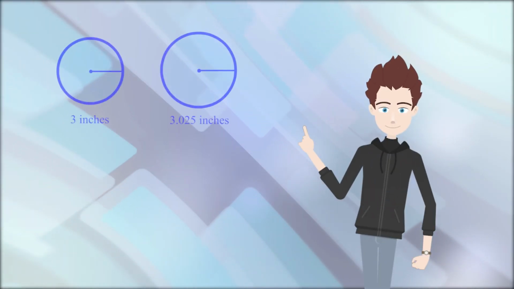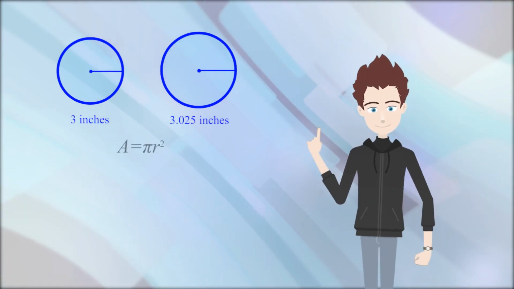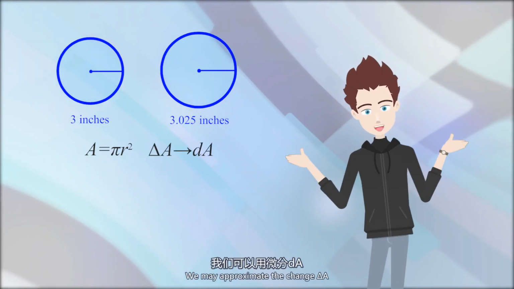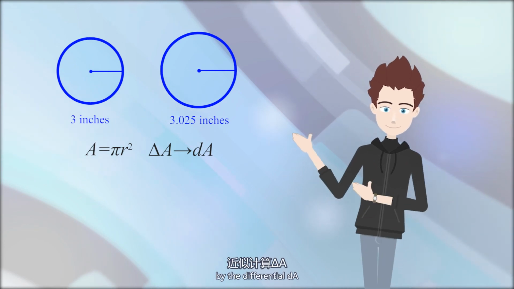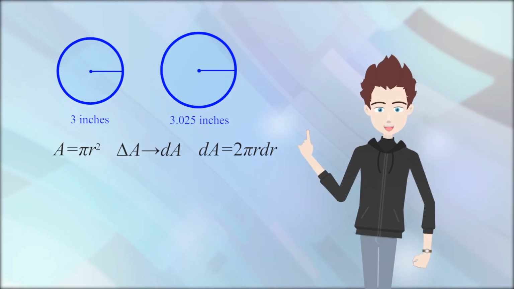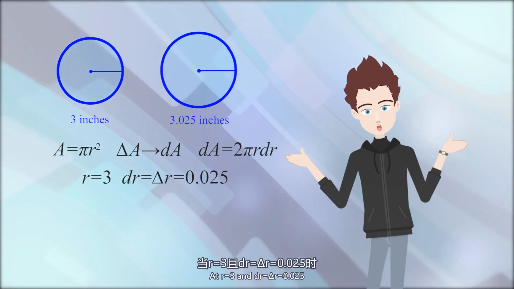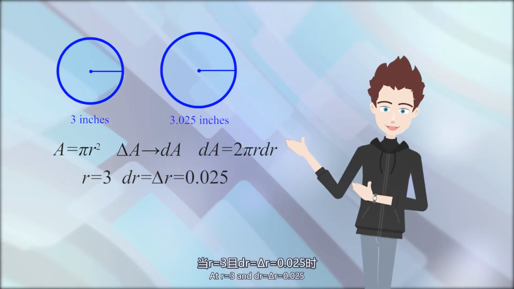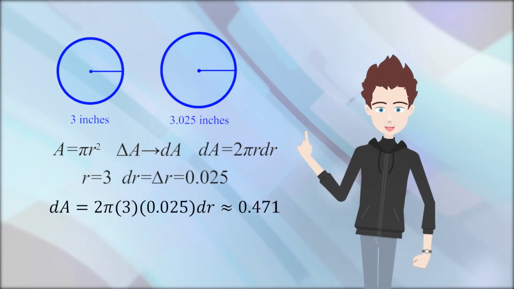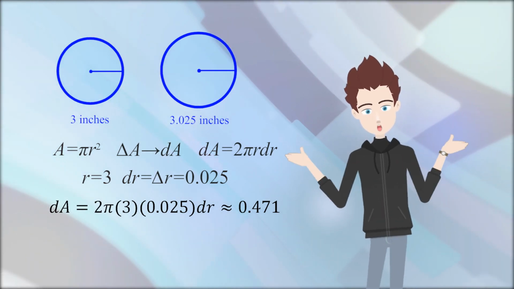Okay. The area of a circle is given by A equals pi r squared. We may approximate the change in A by the differential dA, where dA equals 2 pi r dr. At r equals 3 and dr equals delta r, that is 0.025, dA approximately equals 0.471.